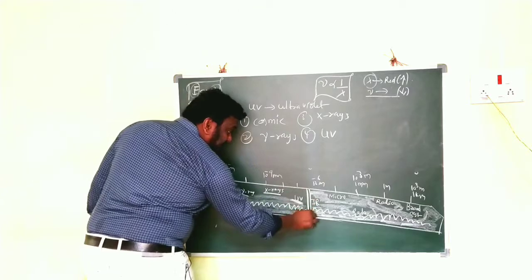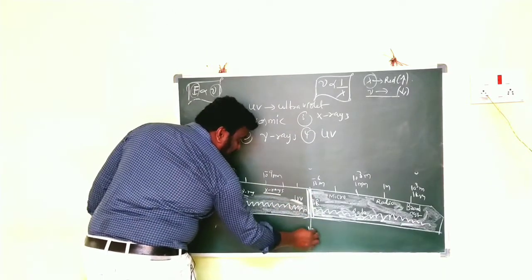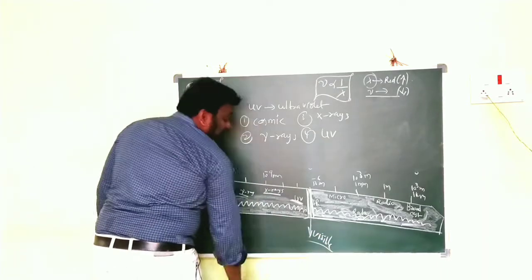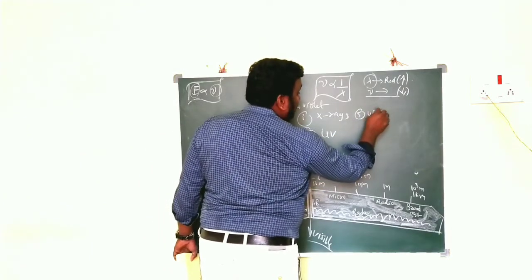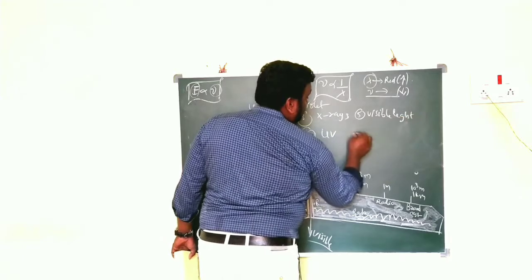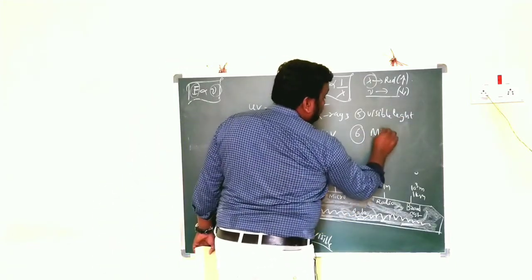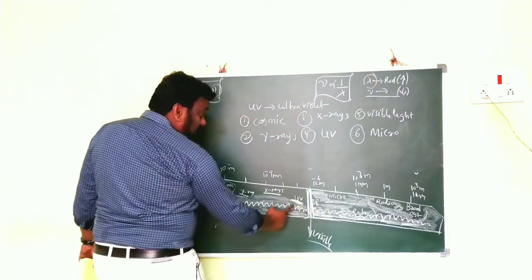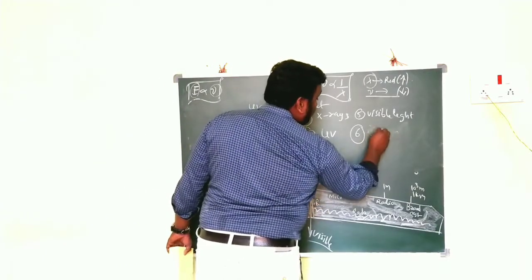And after that, children, in our textbook one vertical slit is there, that is the visible light. Generally our eye is very sensitive to the visible light, so the fifth one is visible light. Next is infrared.